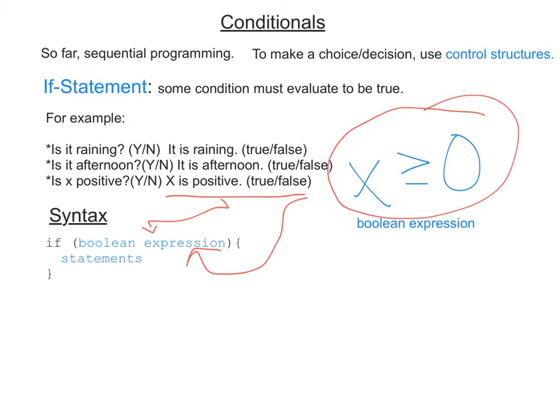But what do you think this is called? Well, it's the greater than or equal to sign, but that is also our Boolean operator. And we have a few different types of Boolean operators, right? So far we have the greater than or equal to sign.